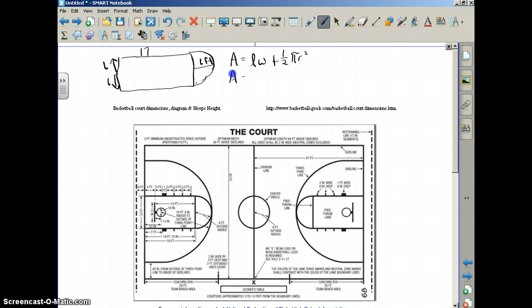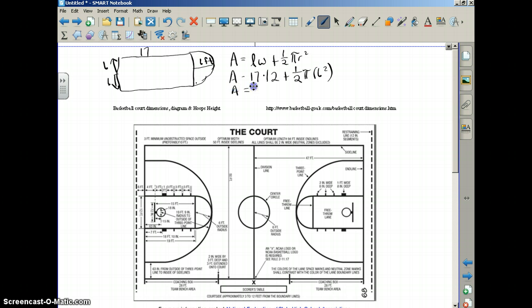So the length is 17 feet. The width is 6 plus 6 is 12 feet. And then for that semicircle, we have 1/2 times pi times the radius squared, so that is 6 squared.